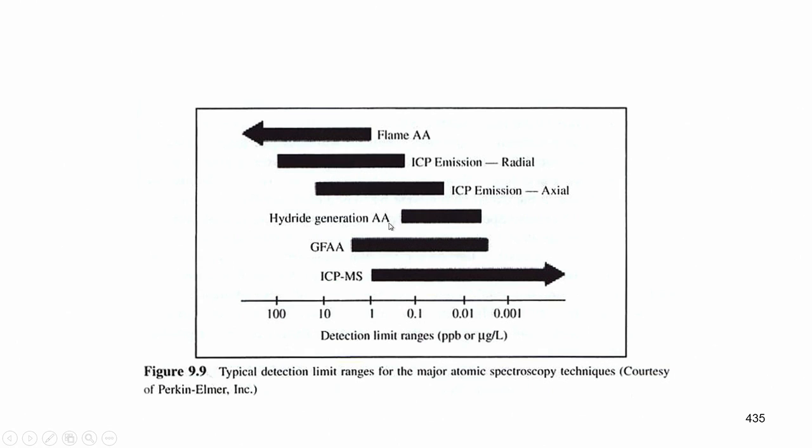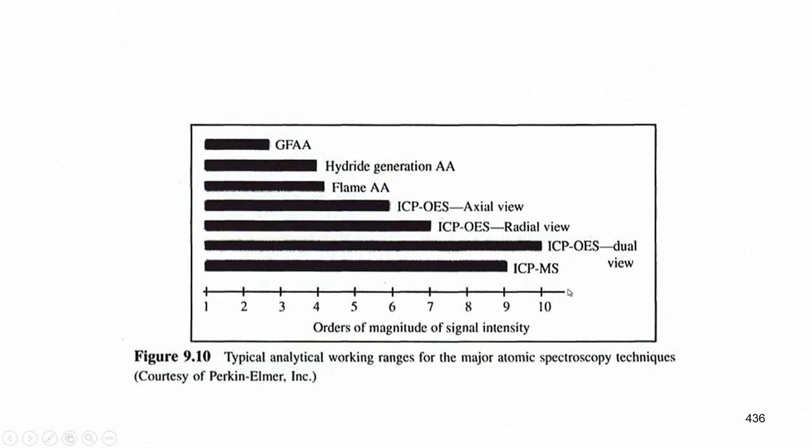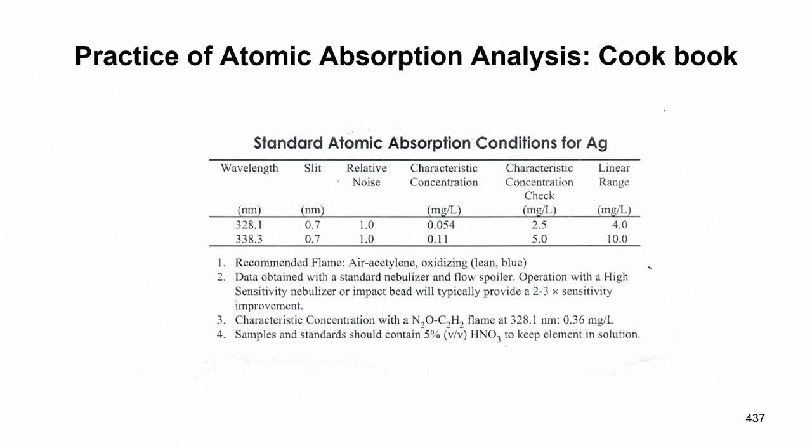Mercury by hydride nobody does; cold vapor mercury is specific to atomic absorption. Graphite furnace is for ppb quantitative determinations, and ICP-MS is for still lower ranges. All right. Now what we will see is the practice of atomic absorption analysis.